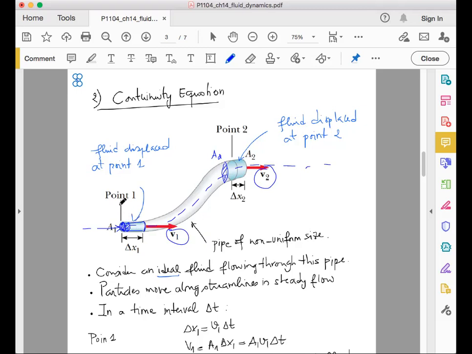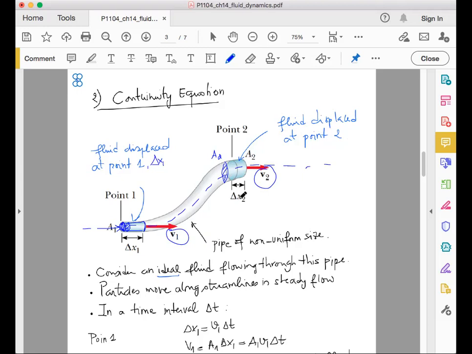At point 1, this part of the fluid was moving with a given velocity v1, and let's say that the fluid has been displaced by a displacement delta x1 at point 1. And at point 2, this sample of water becomes this blue sample, and we say that the fluid is displaced by delta x2 at point 2.